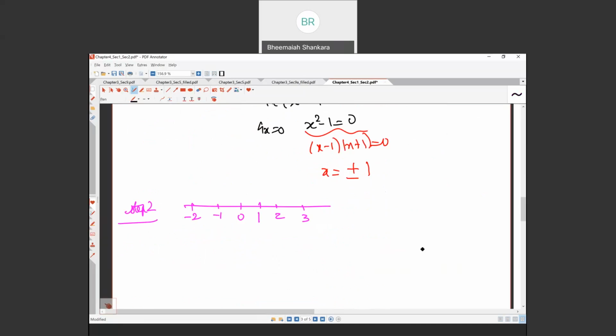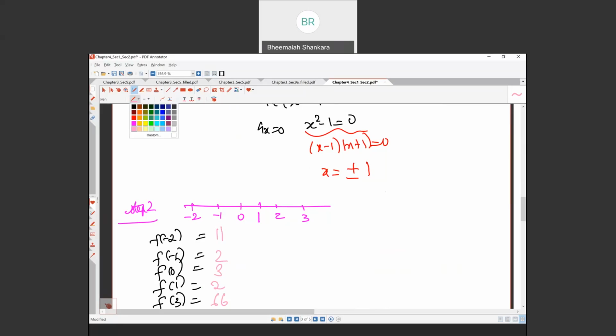So now read the values carefully. Functional value at -2, -1, 0, 1, and then 3. So functional value is 11, 2, 3, 2, 66.